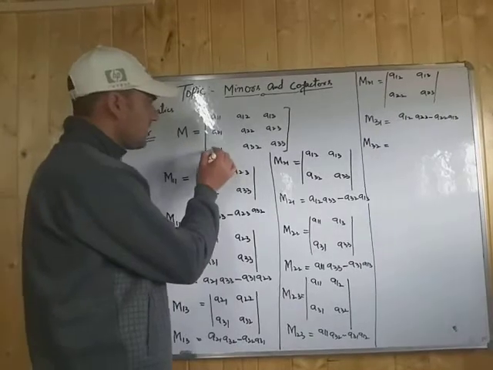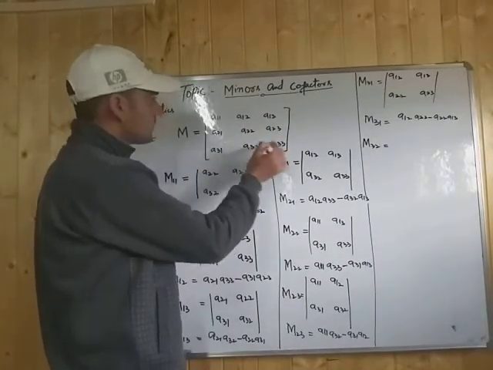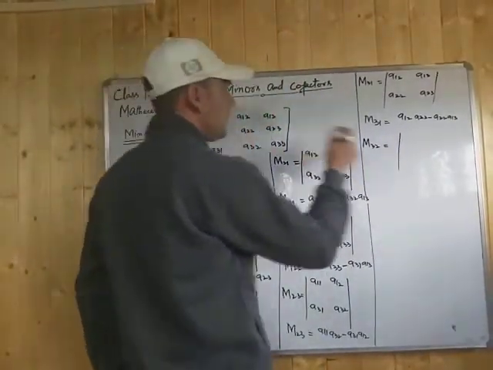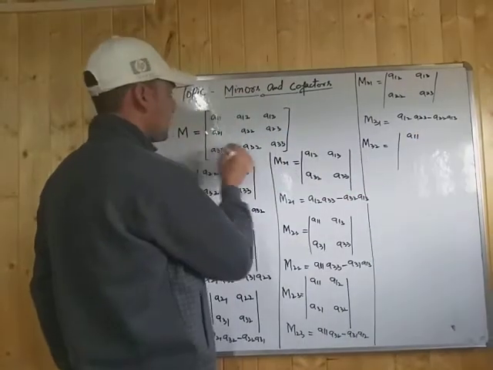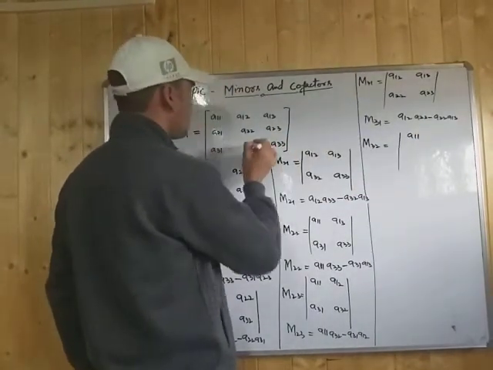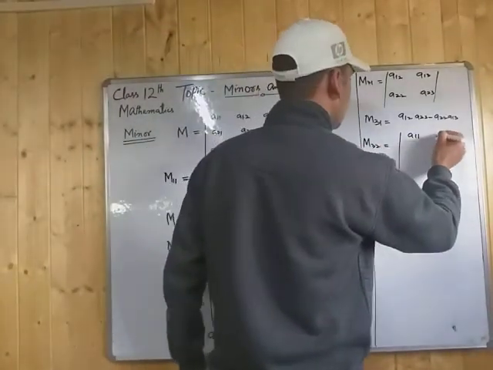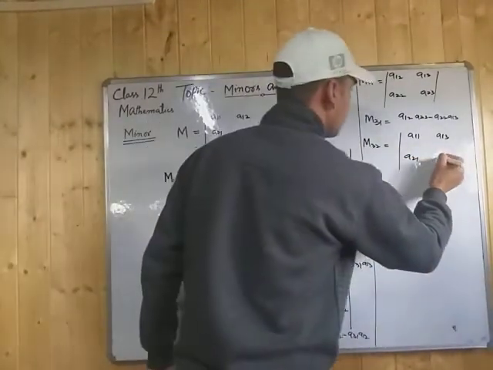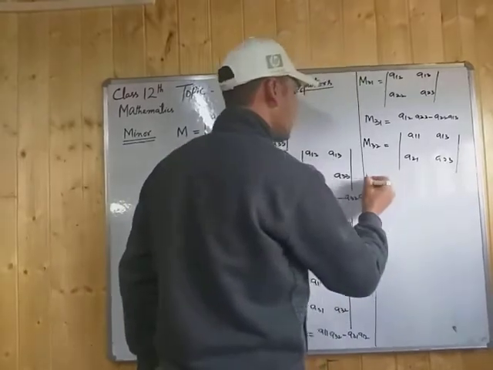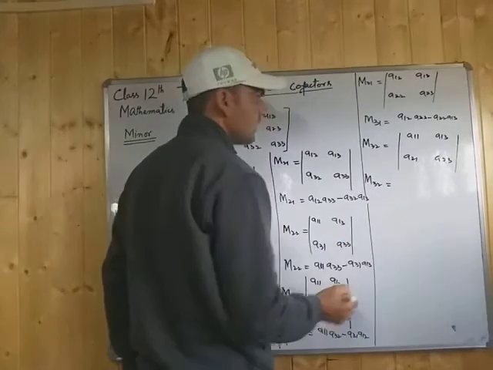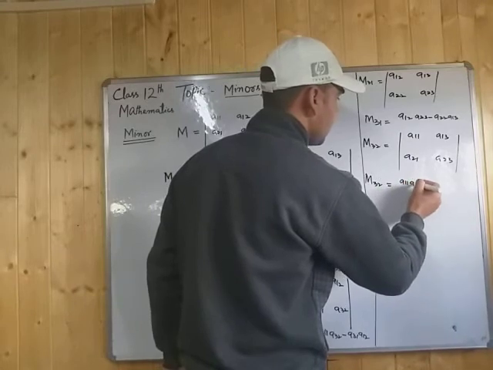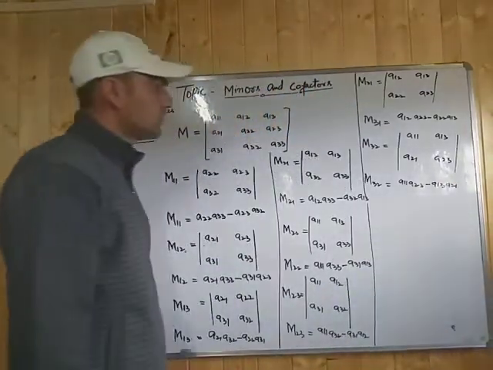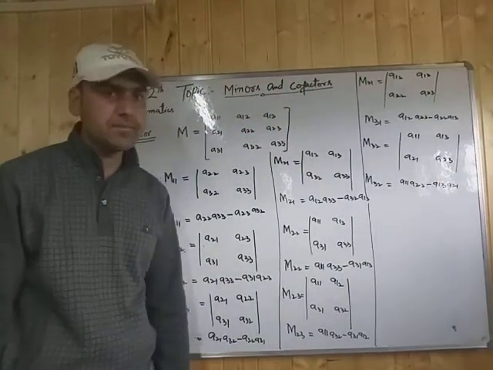So we'll delete third row and second column, so here it will be A11, A13, A21 and A23. अगर आप इसको एक्सपेंड करेंगे, तो this will be A11 A23 minus A13 into A21. तो ये और एक माइनर है.